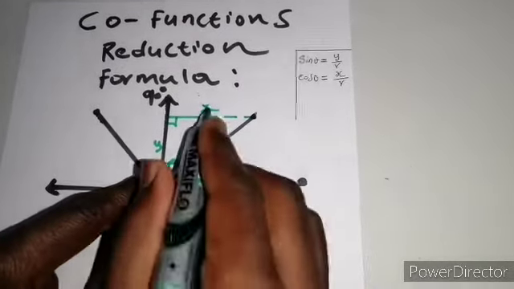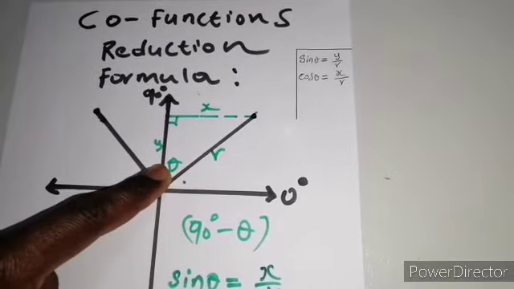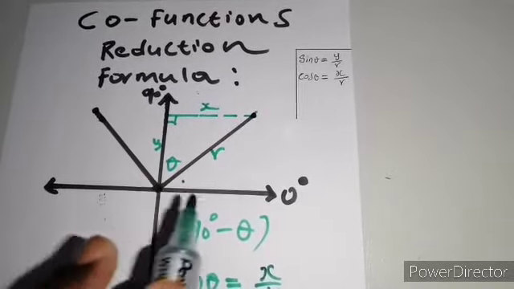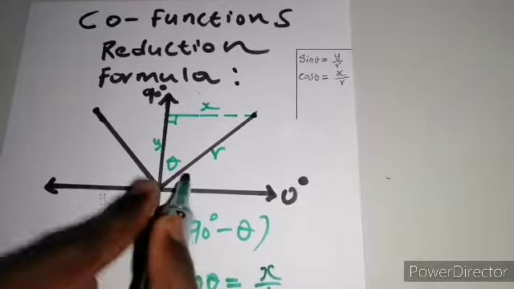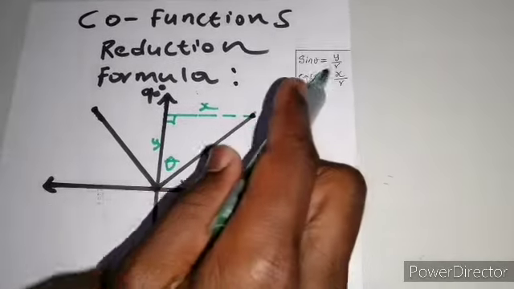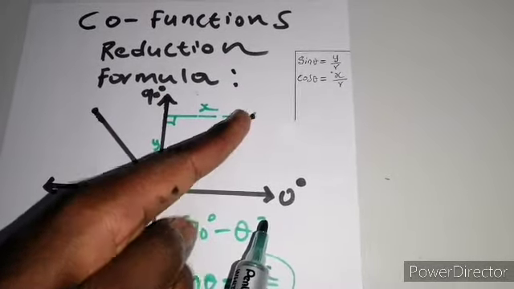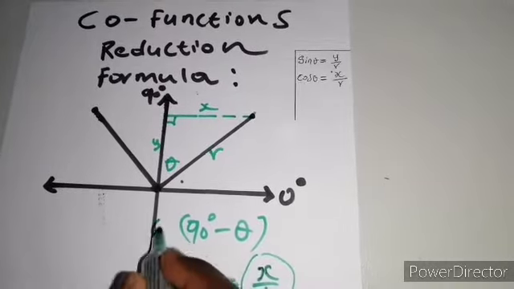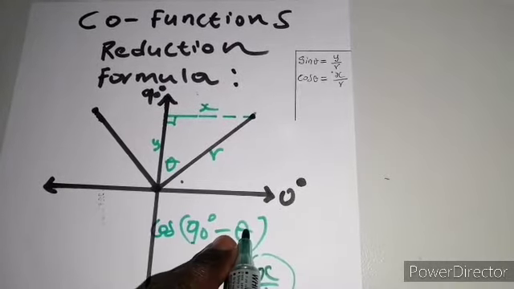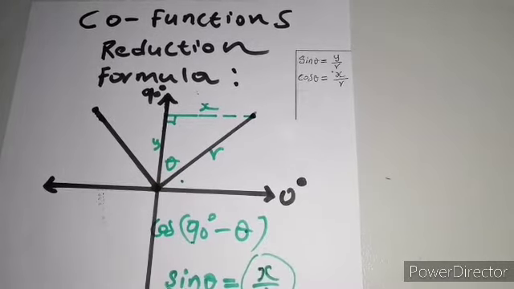Now this is x over r, but under normal circumstances, when we use the correct reference angle, you will never find the sine of theta as x over r. But now suddenly it's x over r, which is cos. Can you see? So this is a cofunction, 90 minus theta. So understand that the cos of 90 minus theta is the same as the sine of theta.